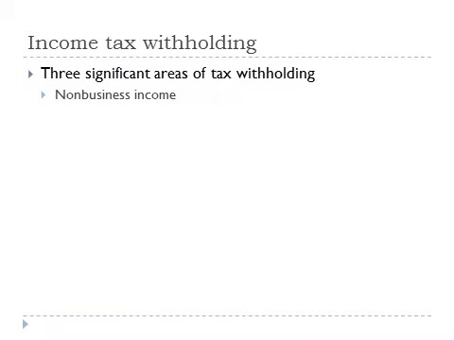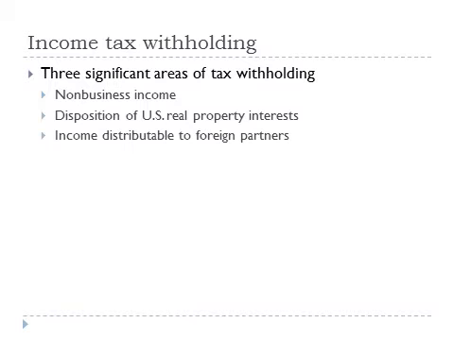The first is income tax withholding on non-business U.S. source income. The second is income tax withholding on income from the disposition of U.S. real property interests. And the third is income tax withholding with respect to foreign partners.